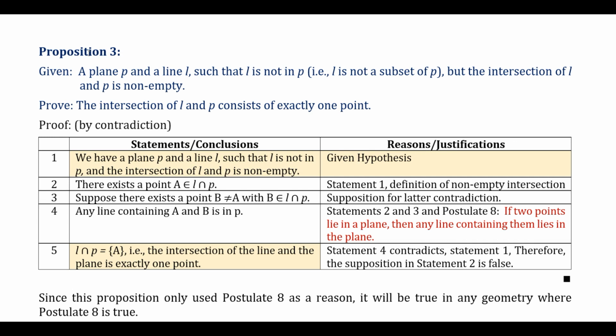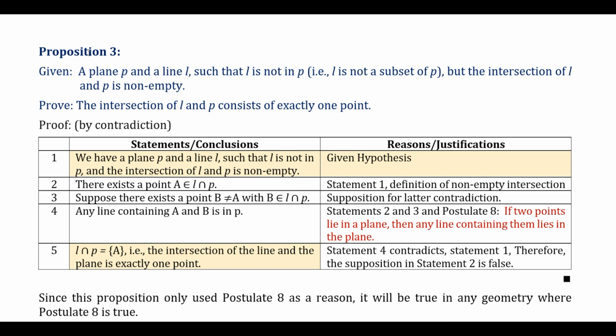Now, we're going to do this by contradiction. So the statement we want to contradict is: suppose there exists a point B not equal to A with B in the intersection of L and P. That's a supposition for later contradiction.